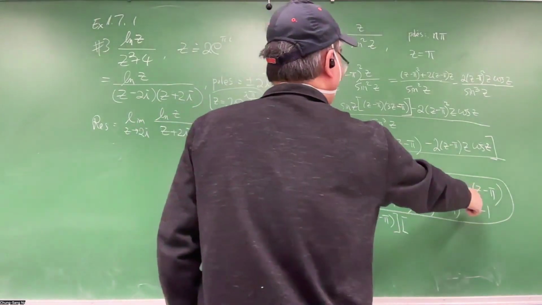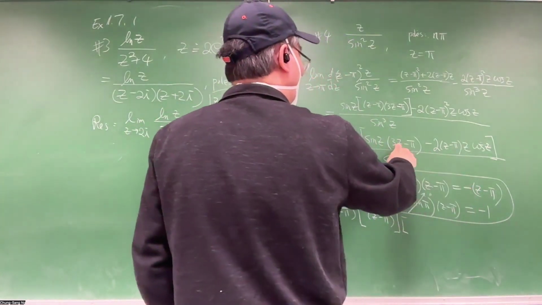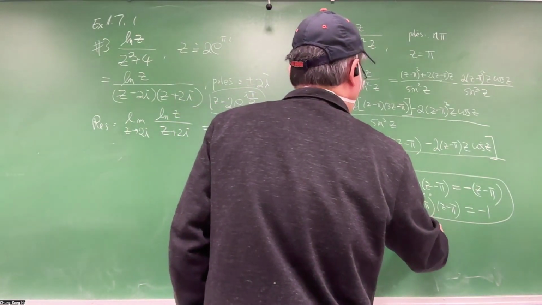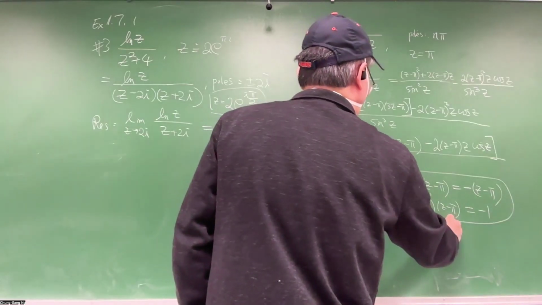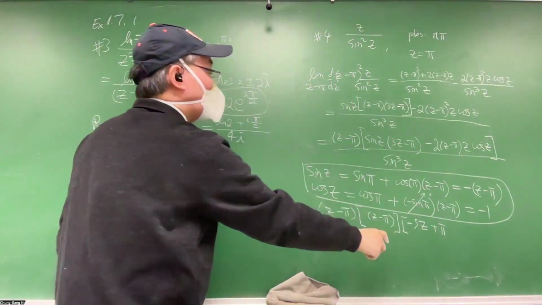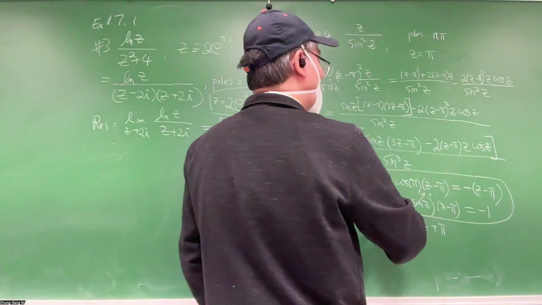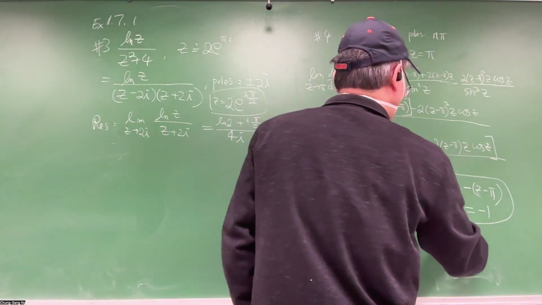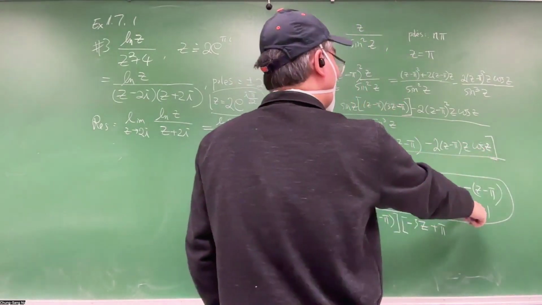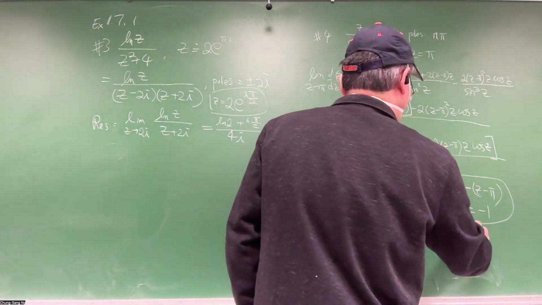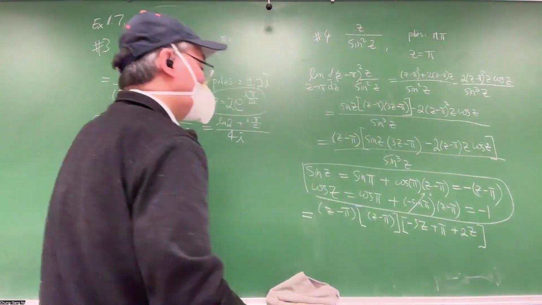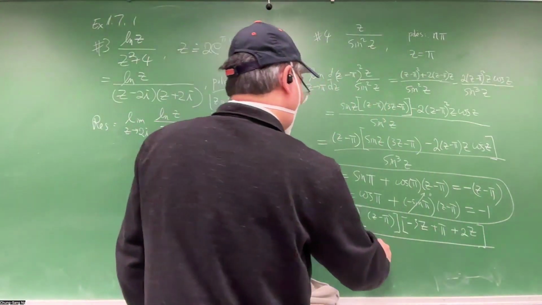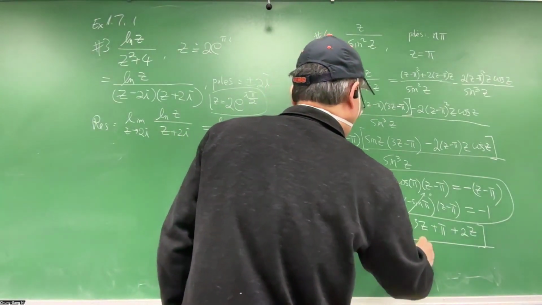Then this becomes -1 and multiplied by this one, minus 3c plus pi. (c minus pi) is out. This becomes minus 2z, but cosine becomes -1, so we can plus 2z, and divided by the denominator, which becomes minus (c minus pi).